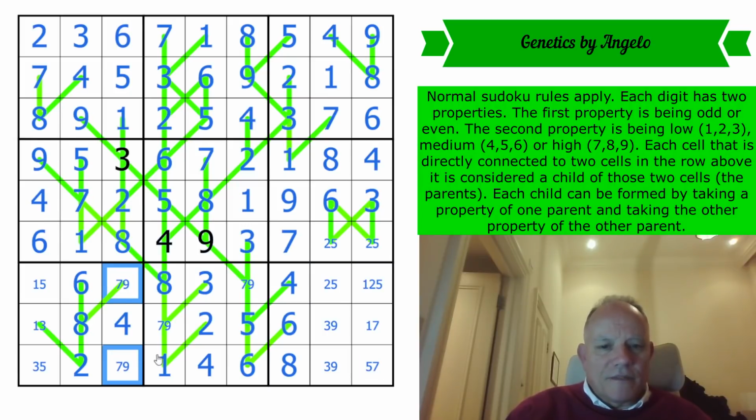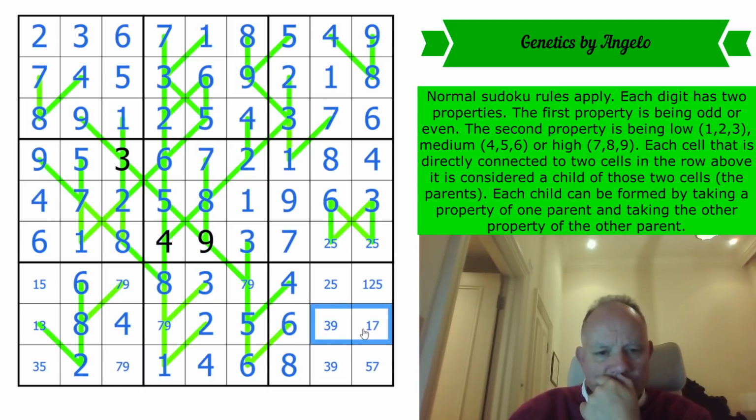Oh, I really wanted to finish this cleanly, and I am struggling now. This can't be a 9-7 pair because of that. So one of these is 9 or 7, which is obviously also true because there's only 1 in this row. Oh, come on.